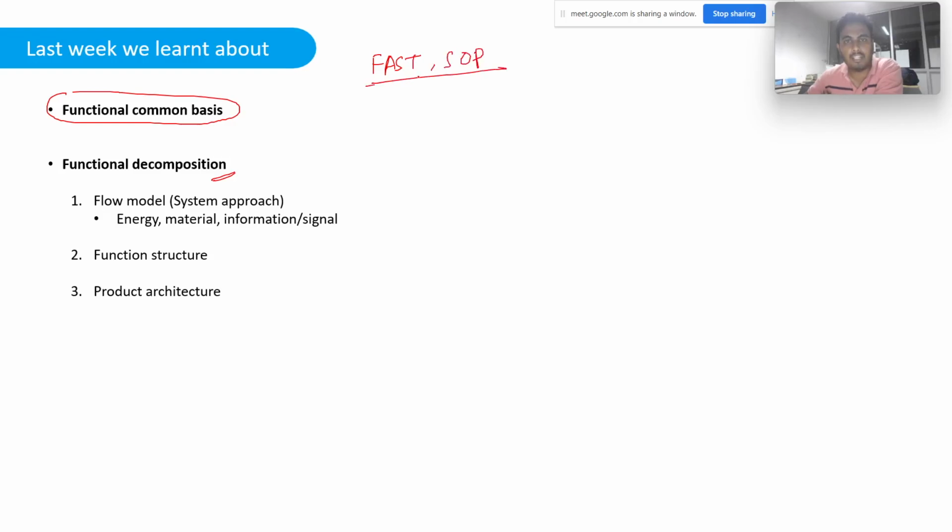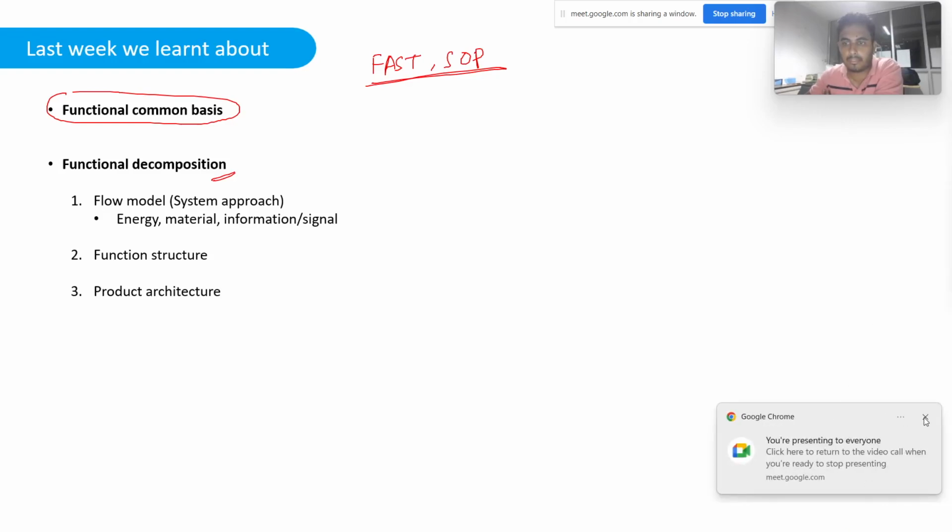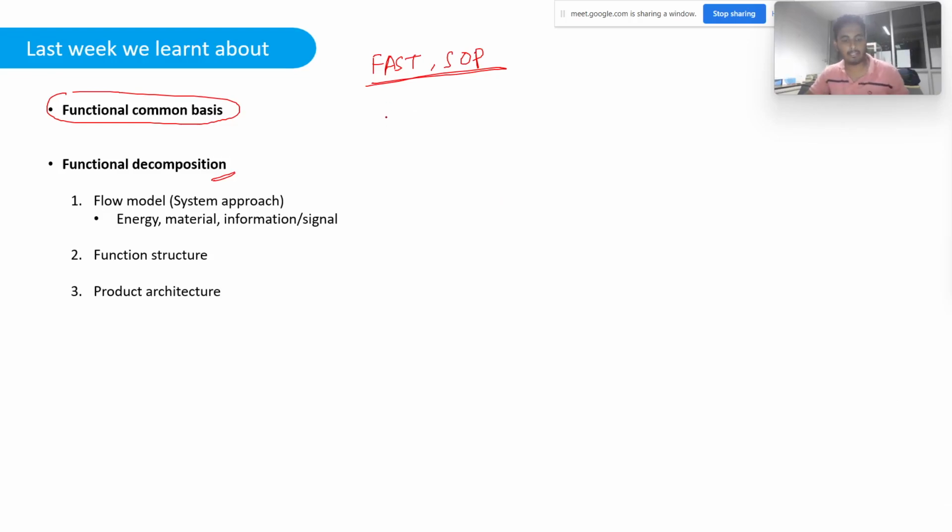However, those methods have limitations as they are useful only for simple products, and as the complexity of products increases we need a more robust method, like the flow model, which can be used for functional decomposition of complex products.